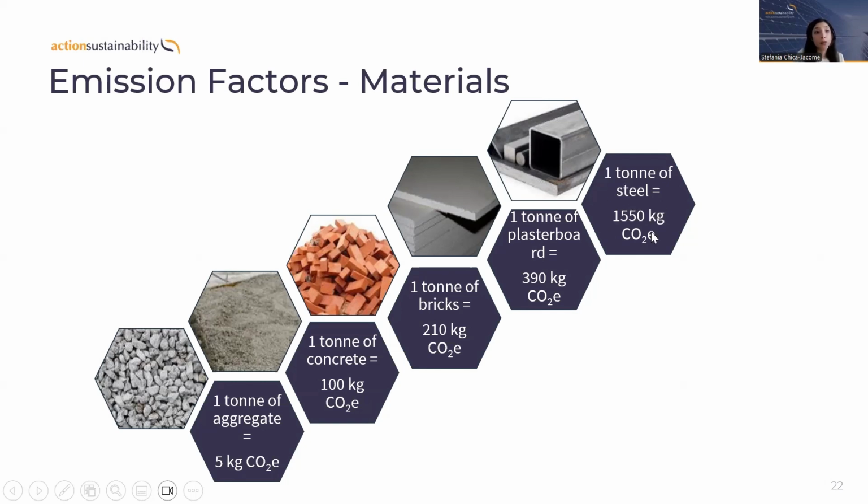You emit 1,500 kilograms of carbon per ton of steel, which is a considerable amount because the process to make steel requires a lot of energy, and therefore it's quite carbon intensive. Okay, so I guess again, knowing the carbon impact of your products will help you make more informed decisions. So understanding the carbon impact of the things you buy from your suppliers is a key step in calculating your emissions as well.